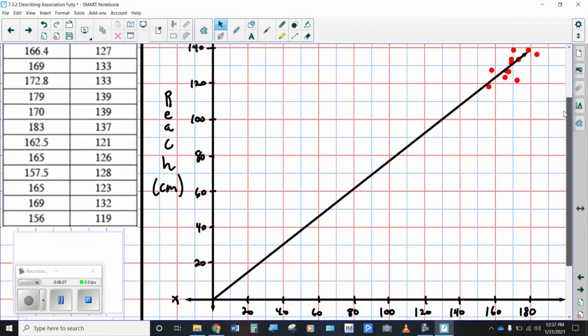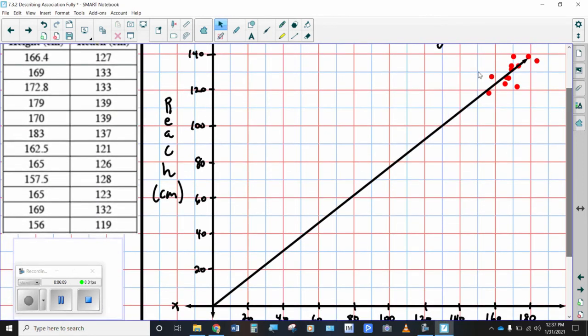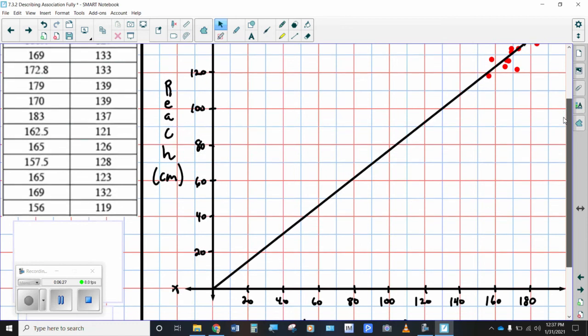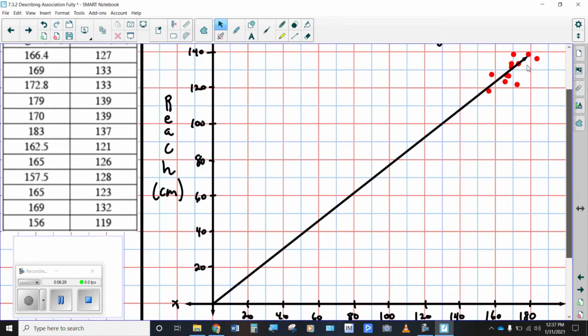Sorry. Okay, so all of our data is clustered up here. This is one of those reasons why some people, when they create their graph, might have it start at 100 and 100 here, so it spaces it out a little bit. But we need this y-intercept. Now, following the trend of the data, it kind of looks like it does go toward our origin, right?